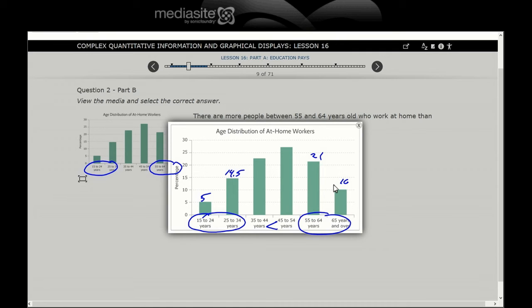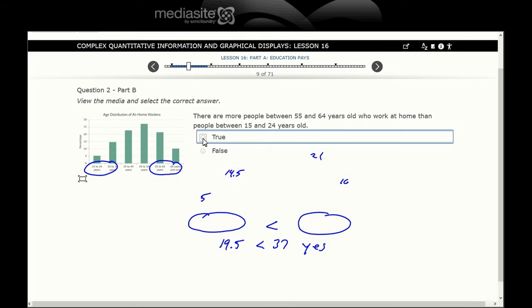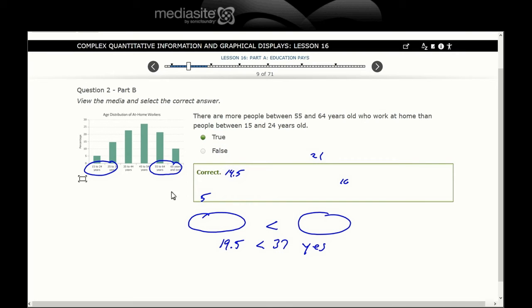So 14.5 and 5 is 19.5, and is that less than 37? Yes. Because these percentages for 15 to 34 is less than 55 and over.